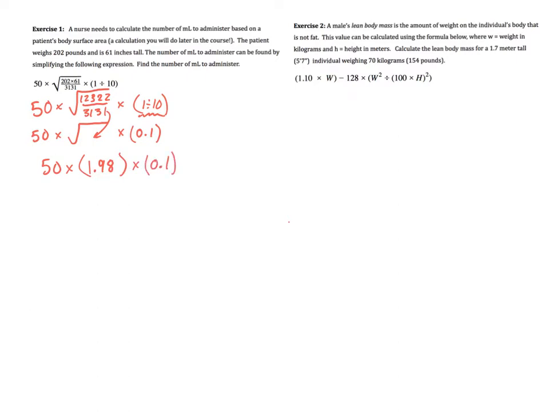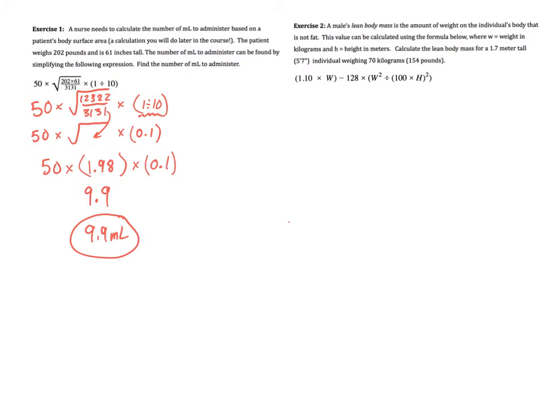And now we have only multiplication, so we have 50 times 1.98 times 0.1. So I'm going to put that whole thing in my calculator. Multiplication is commutative, and it doesn't matter here since this is the only operation left. We can do all of it in one big string. We get 9.9. We would administer 9.9 milliliters.